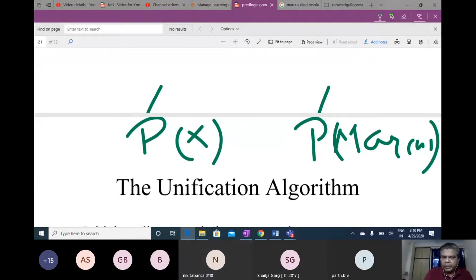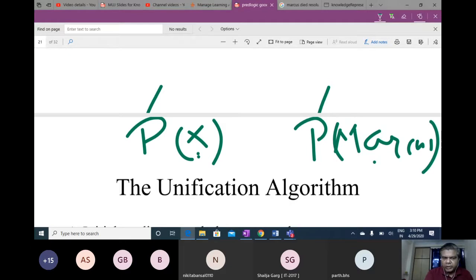Then we apply it on each argument or each variable argument, formal parameter, whatever we call that. So for this predicate, we have to apply the same process for each argument of these two predicates.